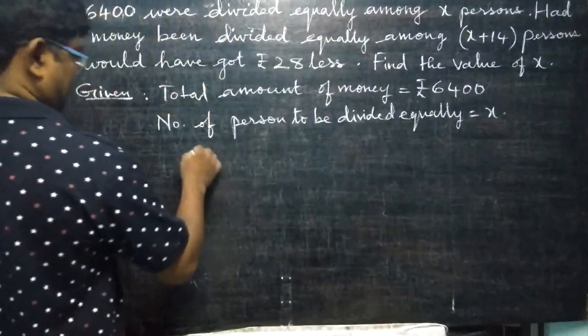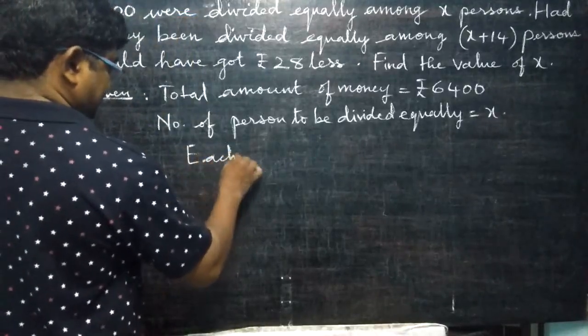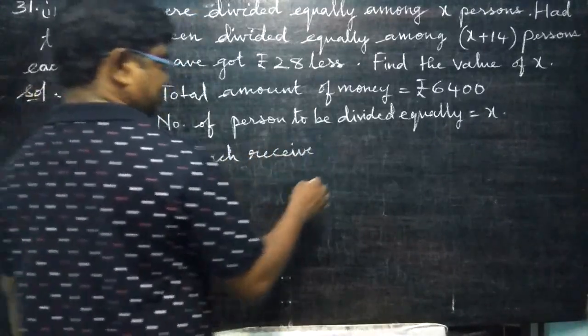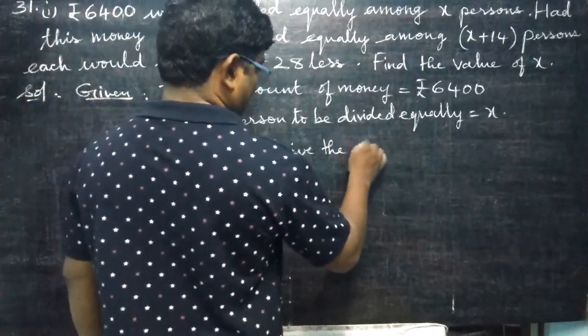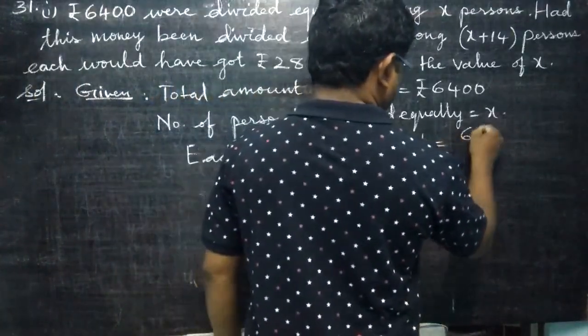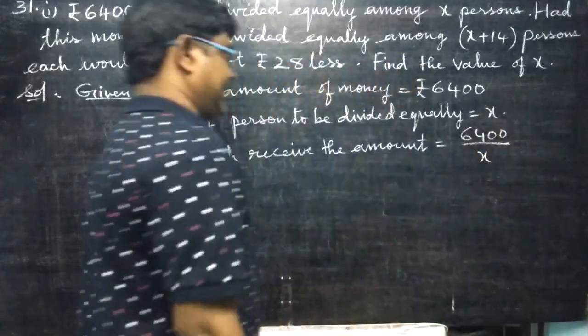Now each receives the amount 6,400 by x if we divide.